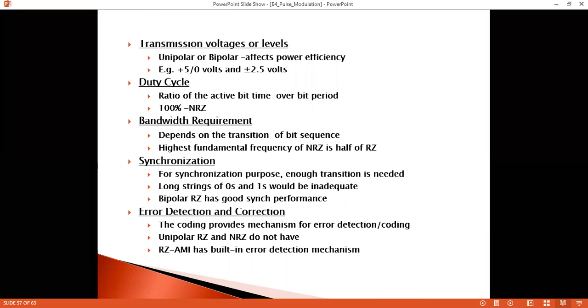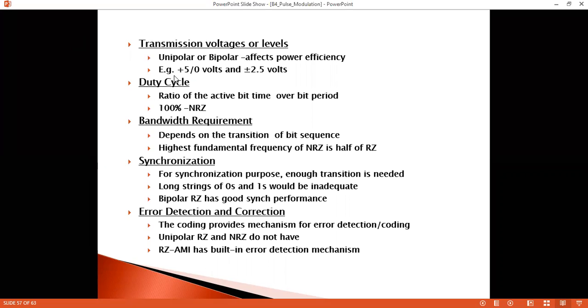Okay, how different formats can produce different transmission voltage or power efficiency. The way that we represent our signal, because for 1 and 0, we can give different voltages.